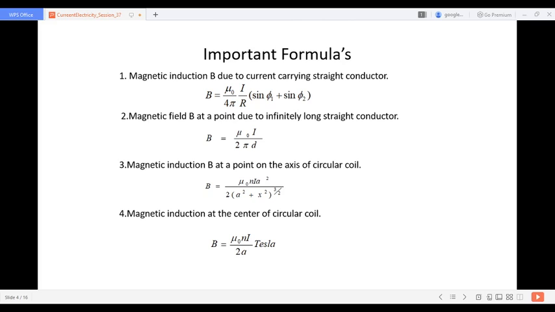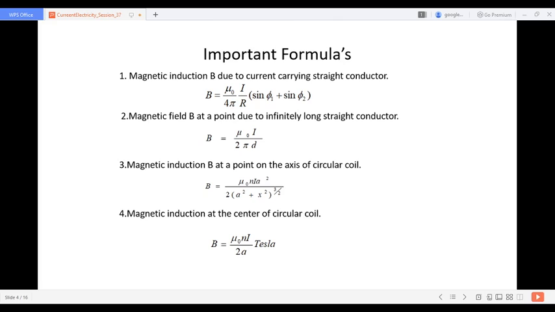Some of the important formulas that we come across are as follows. Magnetic induction B due to the current carrying straight conductor is given by B equals mu naught I divided by 4 pi r into (sin phi 1 plus sin phi 2). Magnetic induction B at a point due to an infinitely long straight conductor is given by B equals mu naught I divided by 2 pi d.